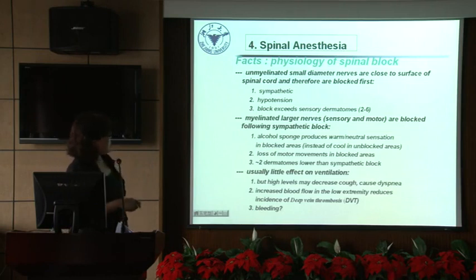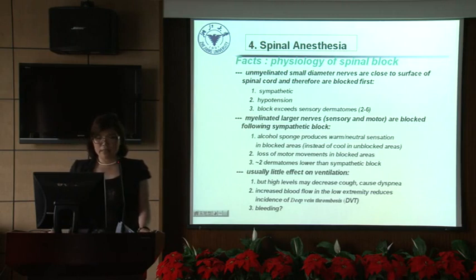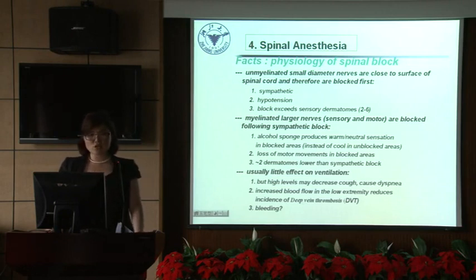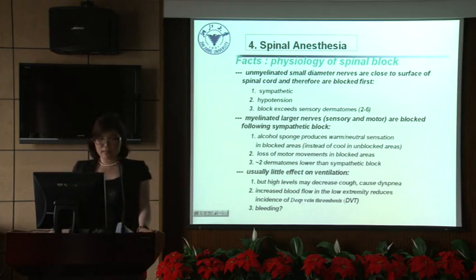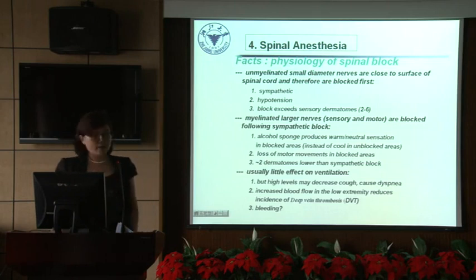And the physiology of spinal blockade: the unmyelinated small diameter nerves are close to the surface of the spinal cord, and therefore are blocked first. And the sympathetic nerves, usually this kind.